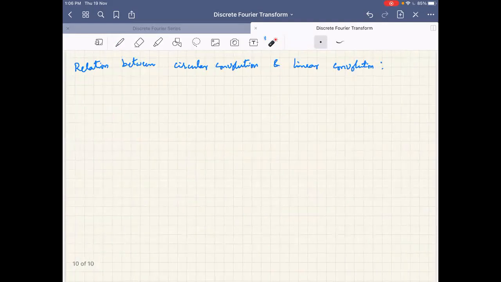Now let us define the linear convolution and circular convolution and see whether there is any analogy, or when they will be alike, and whether one can be extracted from the other. Let us define first the linear convolution by x1 of n. For simplicity, assume that all are of length N, x2 of n.